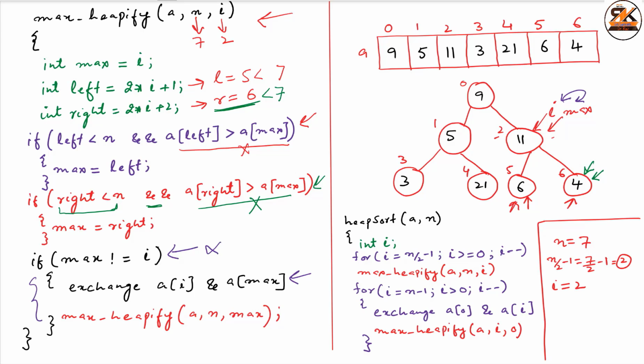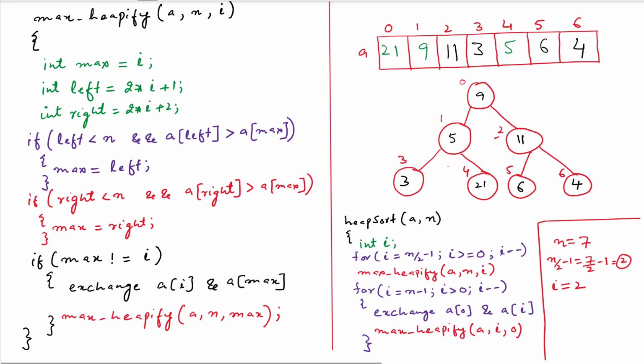Okay, and we will go back to where it was already called. Now we again come back to this for loop from where we had already started this Heapify, and here again the value of I will get decremented, and the new value of I would be equal to I minus 1, that is 1.